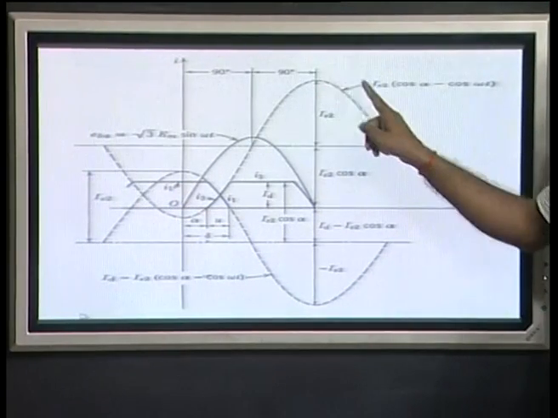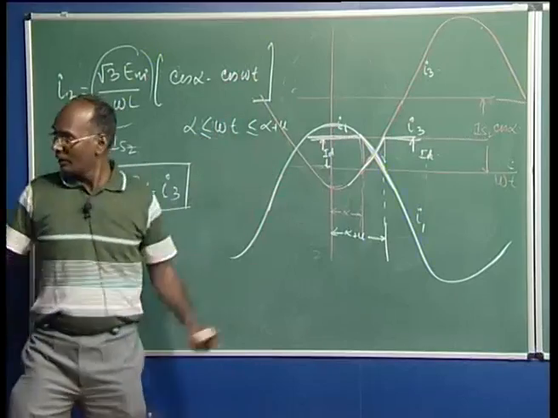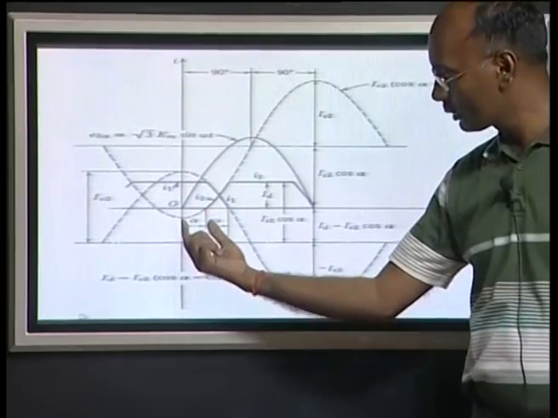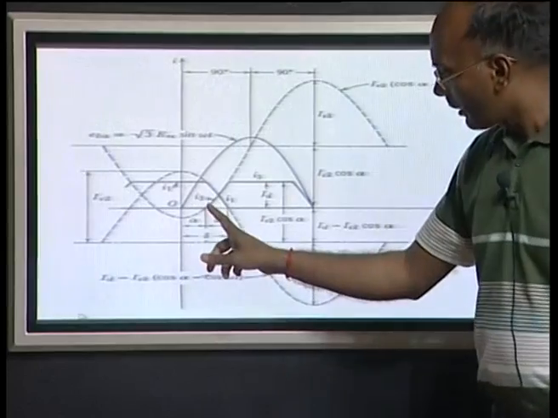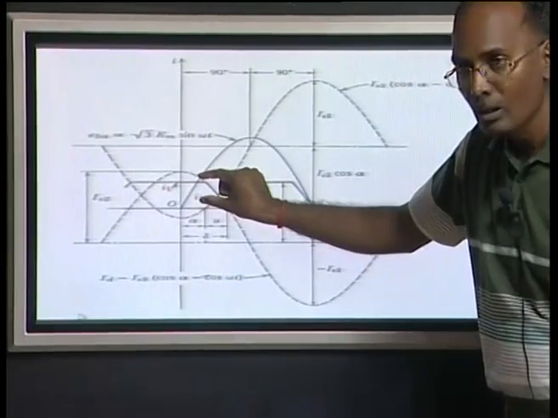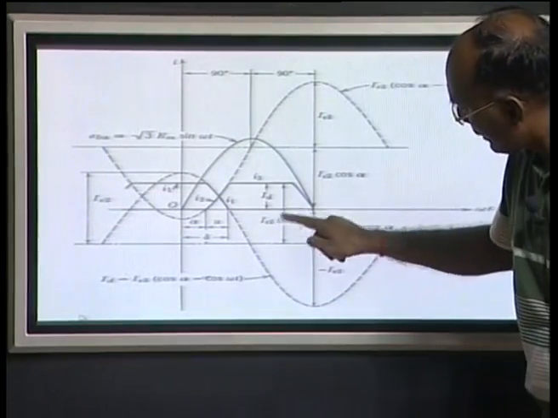So, this characteristic is Is2, means this is your I3 which I drew here. Now, at this point, as I said, it is 0, means this is your alpha degree, because at alpha I3 was 0. Now, we are having this ID, and to this ID we are adding this value.